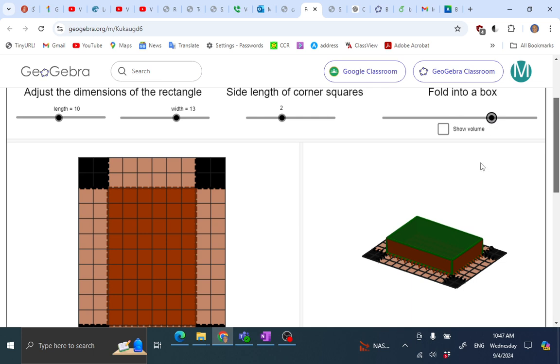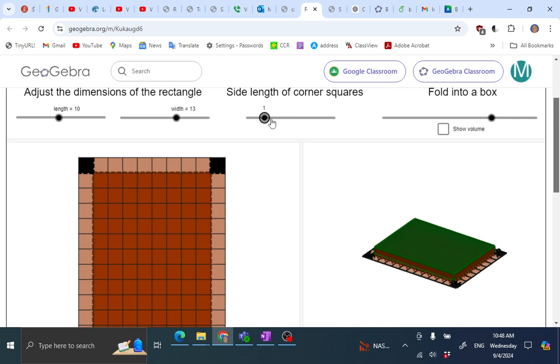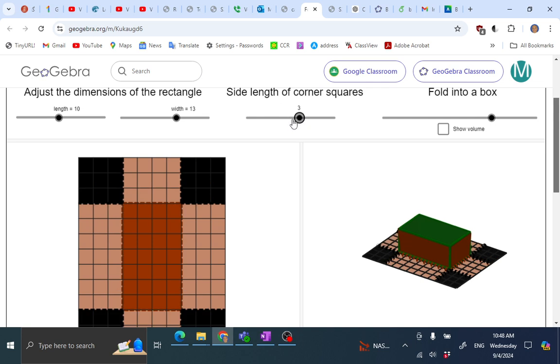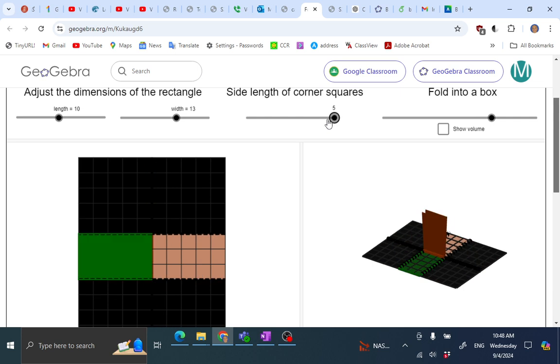The question is, how much candy can I put in this? And the issue is, it depends on the volume. Typically you want to make a box with the biggest volume that you can have from the original cardboard. So the issue becomes, how much should I cut? Should I cut 1 square, 2 squares, 3 squares? Can't go too high, because if you go all the way up, there's nothing left of the box.